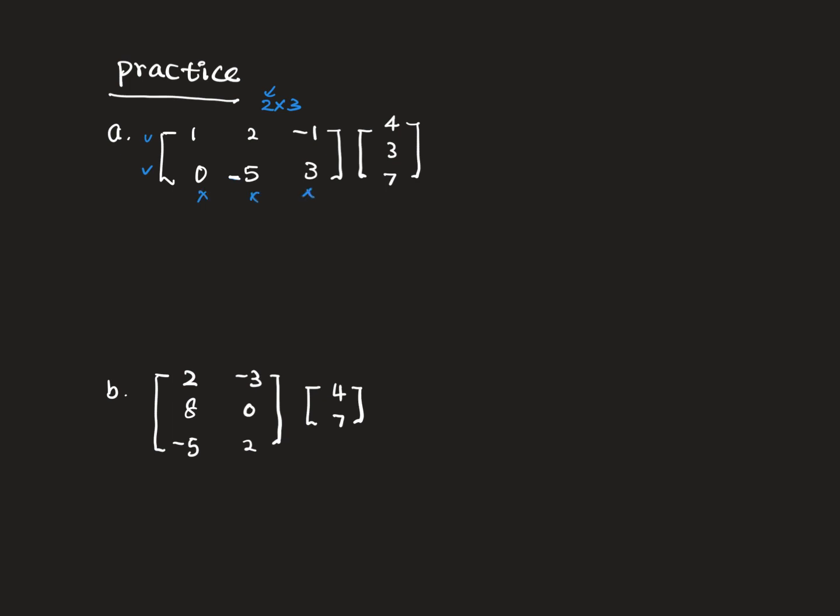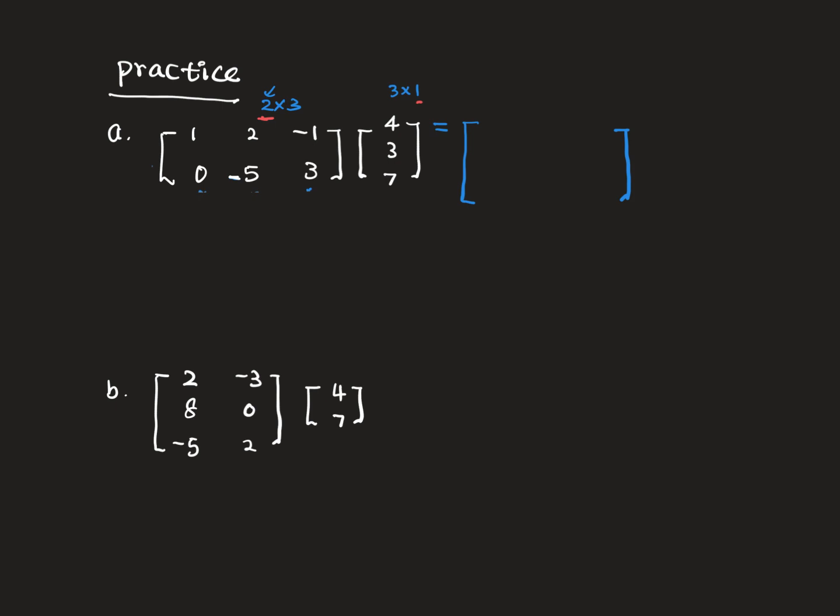Okay, what's the size of the column vector? 3 times 1: 1, 2, 3, 3 rows, 1 column. So how are we going to do this? The outcome is going to be 2 times 1: 2 rows, 1 column.